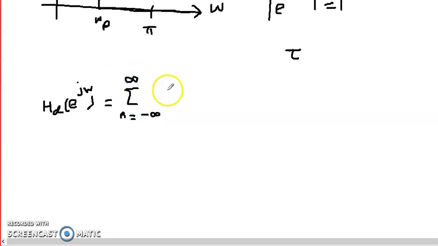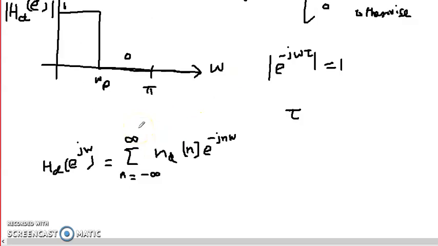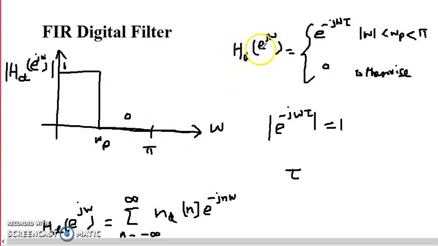That is, HD is the frequency domain Fourier series for the impulse response.